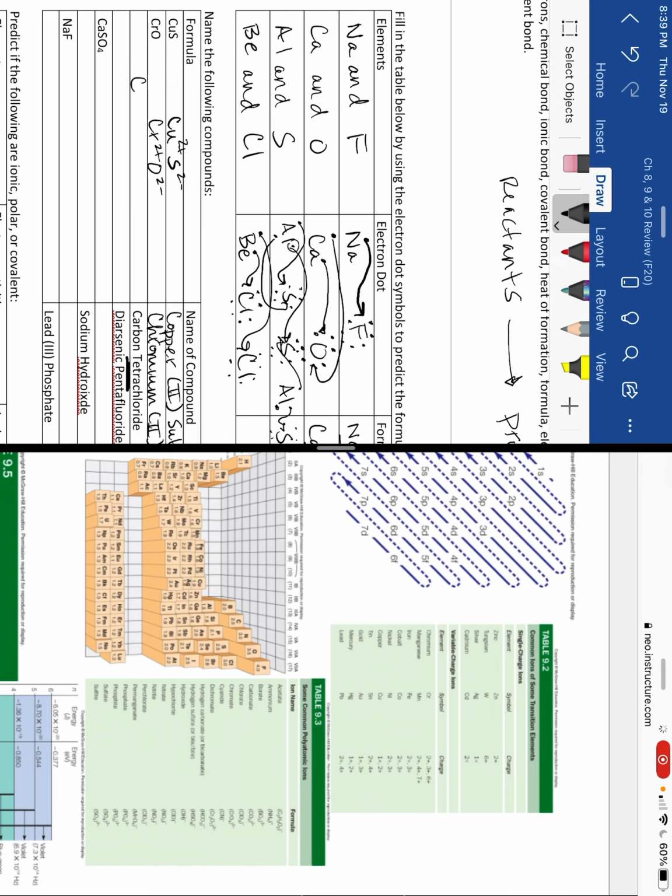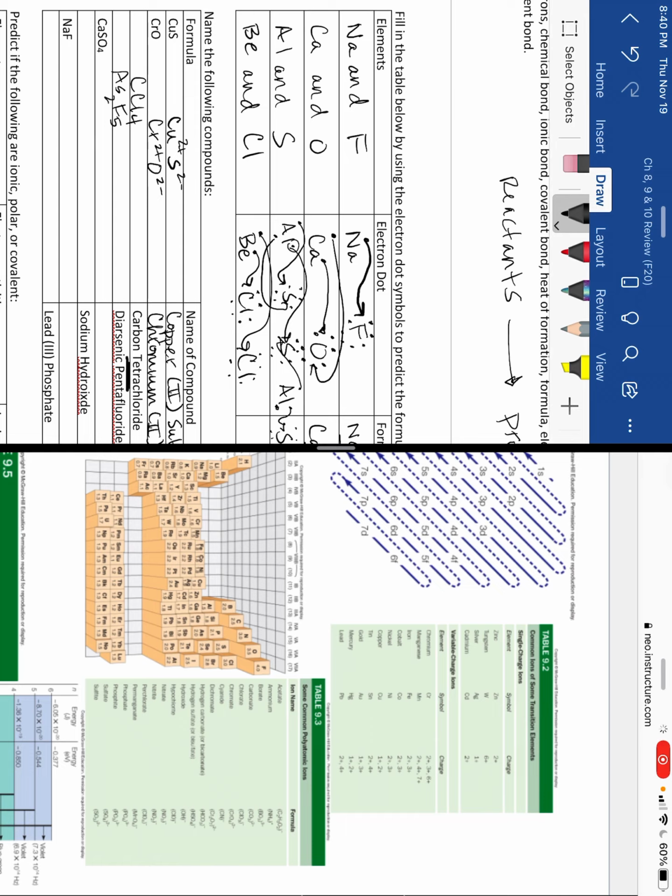So tetra being 4, so it's CCl4. And then diarsenic pentafluoride. So di meaning how many arsenics. So you would have 2 arsenics here. Sorry, I was walking and trying to write at the same time. It's not easy. Pentafluoride, so As2F5.